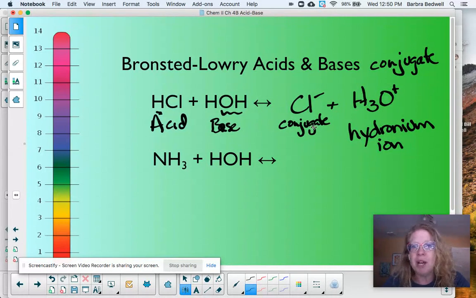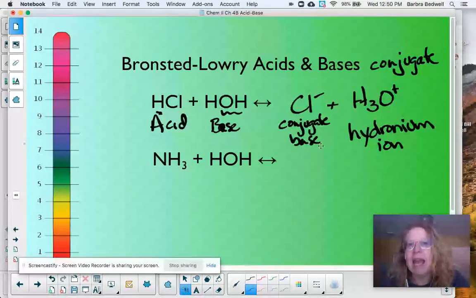But how do we talk about these in that sense of one of these has received and one of these has given away? The easiest way to think about this is, once this acid has given away its proton, now it's sort of swapped sides. After it gives away its proton, after it's acted like a proton donor, it is now what we would call a conjugate base. Another way to think about this is to think about the reverse reaction.